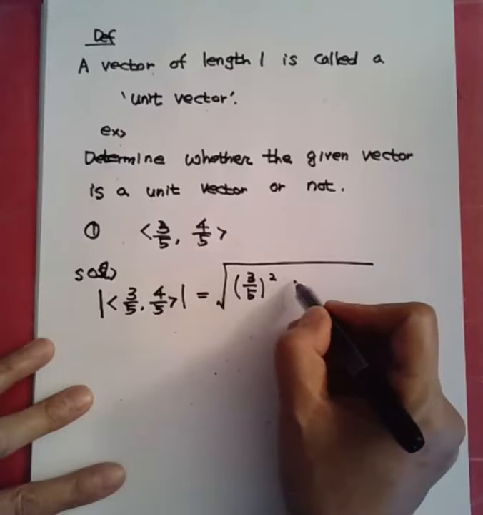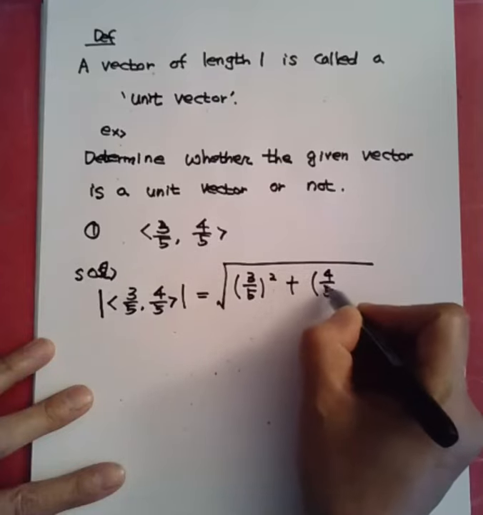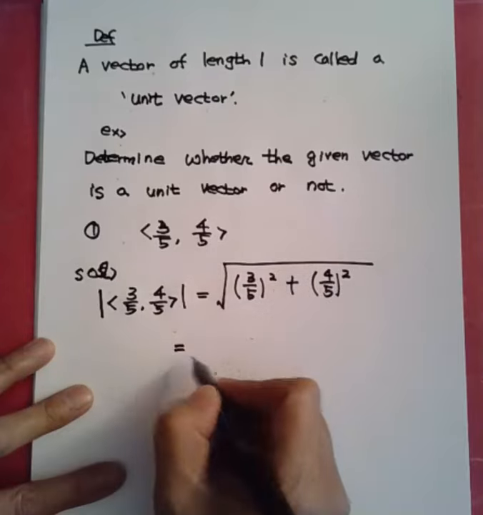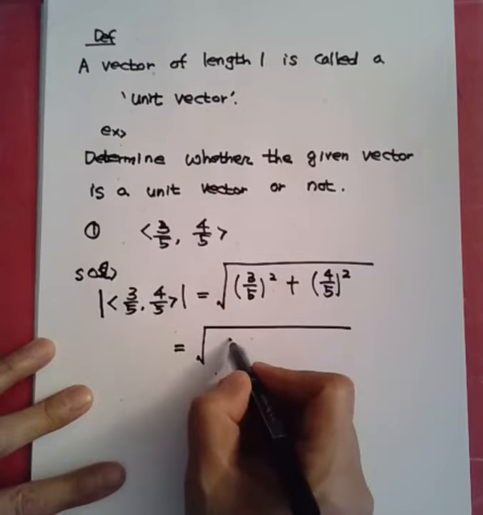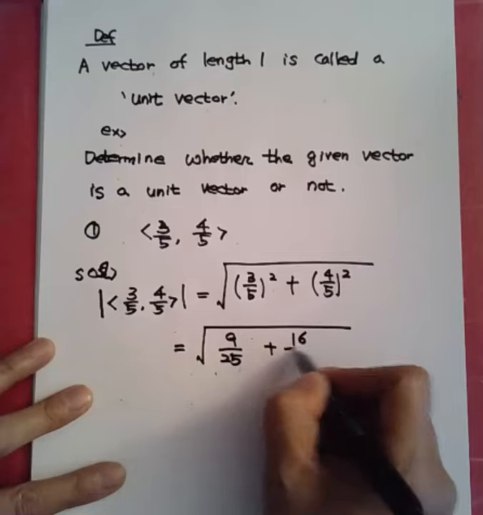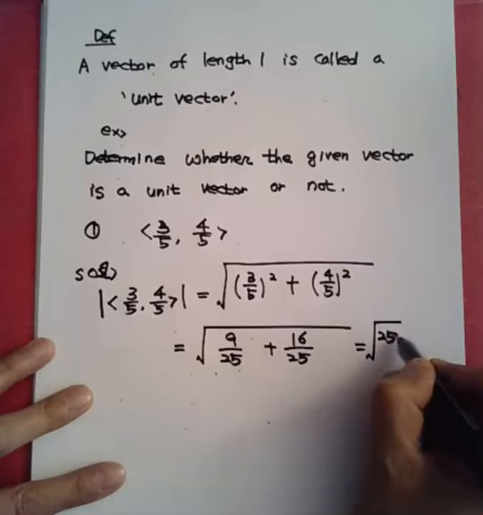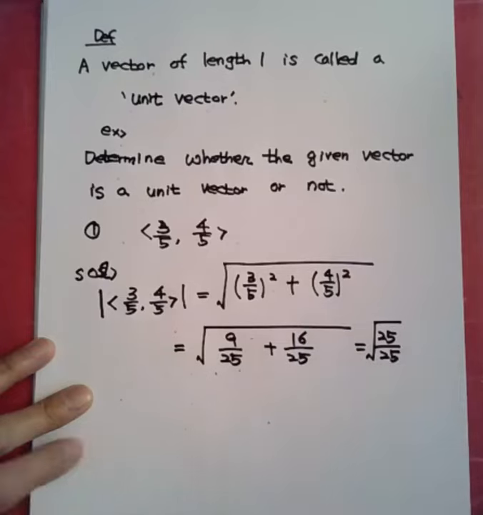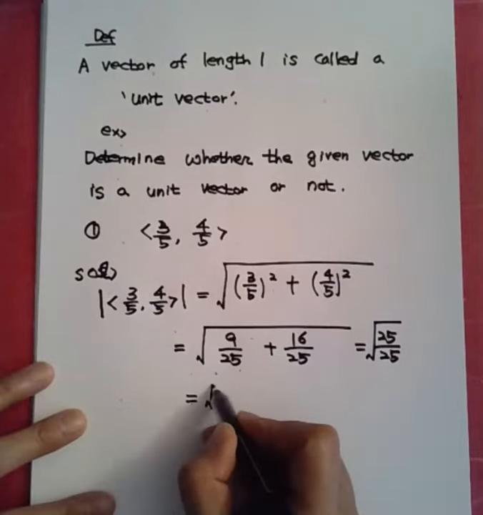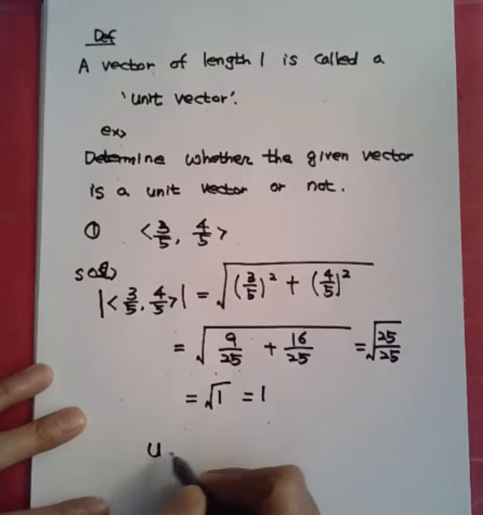We will think about 3 over 5 squared plus 4 over 5 squared. Then that will be 9 over 25 plus 16 over 25, so that is the square root of 25 over 25, which is the square root of 1, which is 1. So we can say that that is a unit vector.